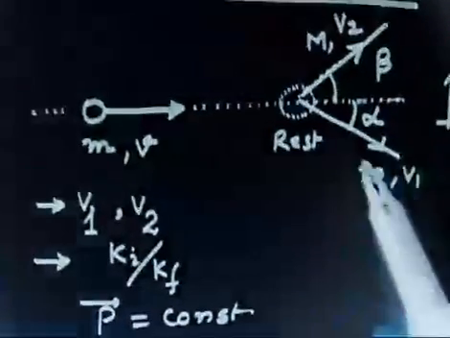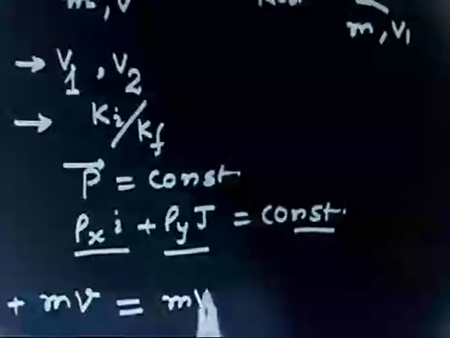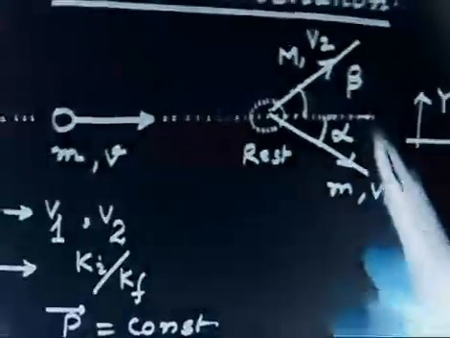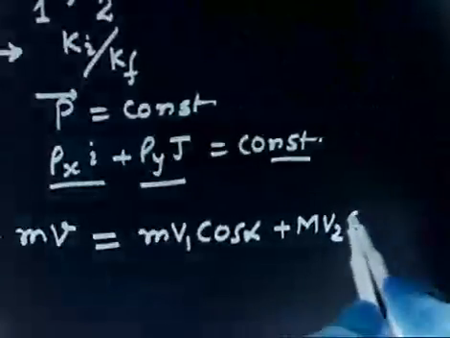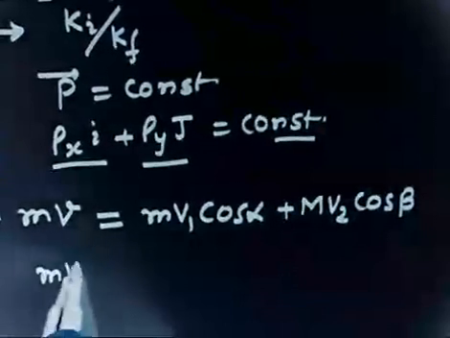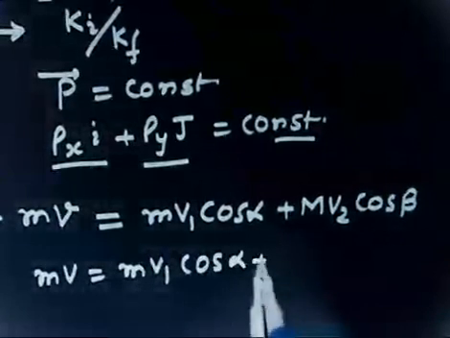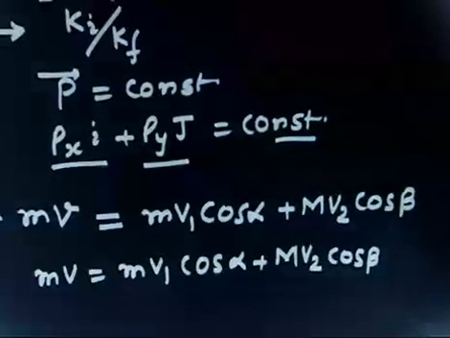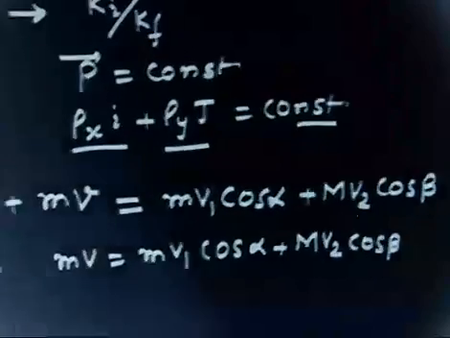Now what is the final momentum? mv1 cos alpha in this direction, plus mv2 cos beta. So if you write this equation, you will have mv equals mv1 cos alpha plus Mv2 cos beta. Are you getting? This is momentum conservation in the x direction.